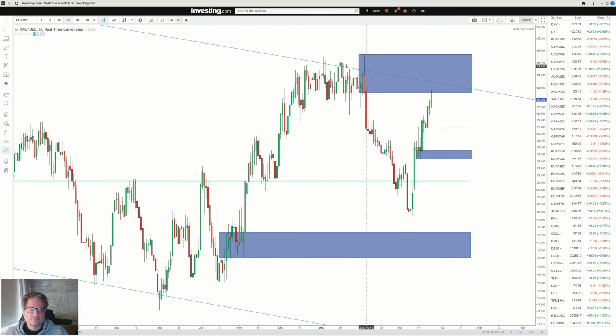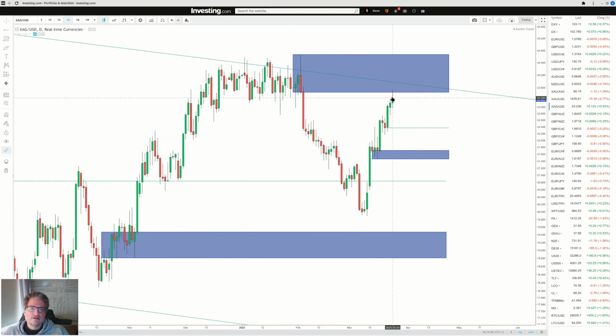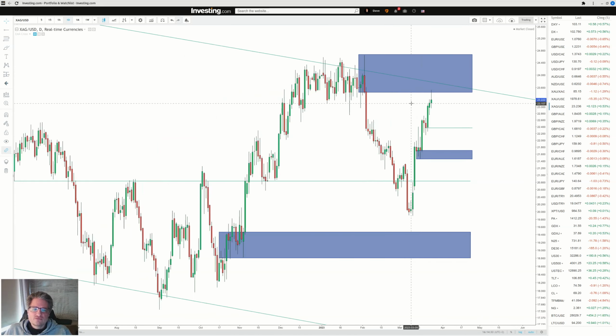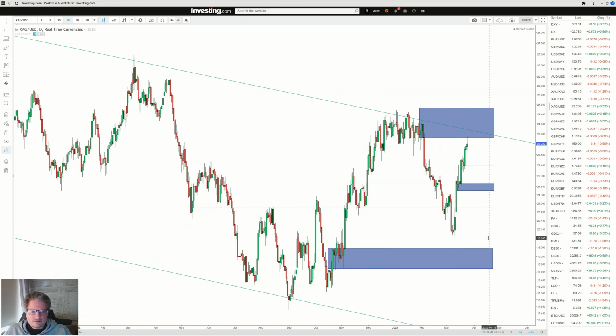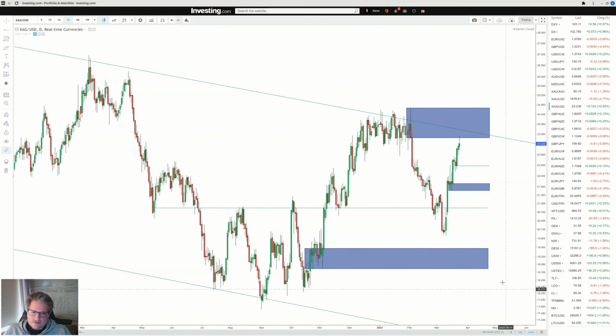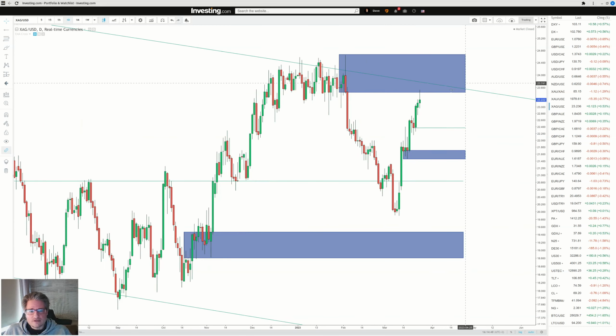We do have this supply zone, and we have this kind of pin bar wicking into it, but I generally like to see price go a little bit more into the zone, and then see some indecision before I take a short. But the bias for now, for me, for silver, is to short this. Even if we see a break, I still think we first gonna see some more downside before we go and break out and go higher.